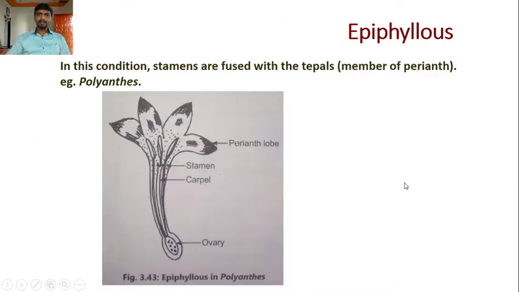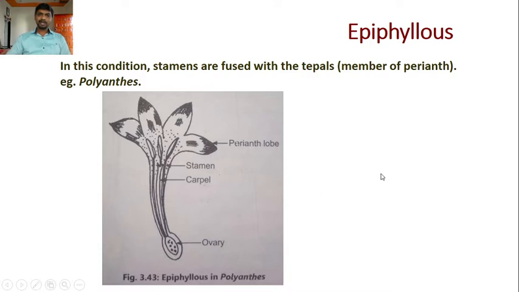Next, this is the epiphyllous condition. In this condition, stamens are fused with the tepals. Tepals, as you know, are the members of the perianth. For example, in Polianthes, the stamens have been attached to the perianth, that is the tepals.